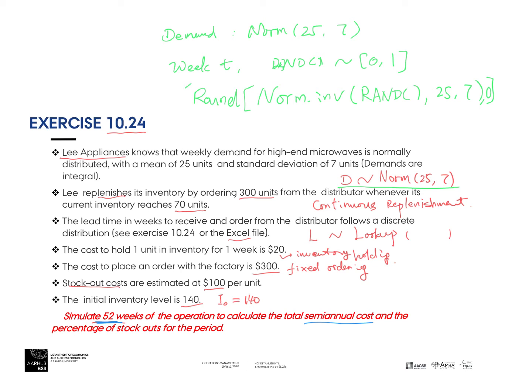And remember the normal distribution may generate a negative value for you. So we always accept the positive values. If you get a negative random number, you just take this as a 0. So that's how you generate a random demand.